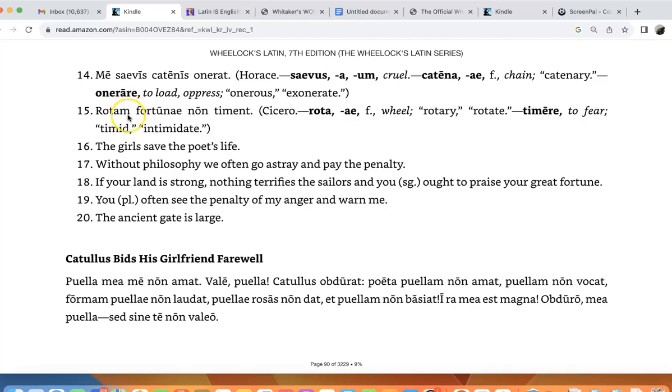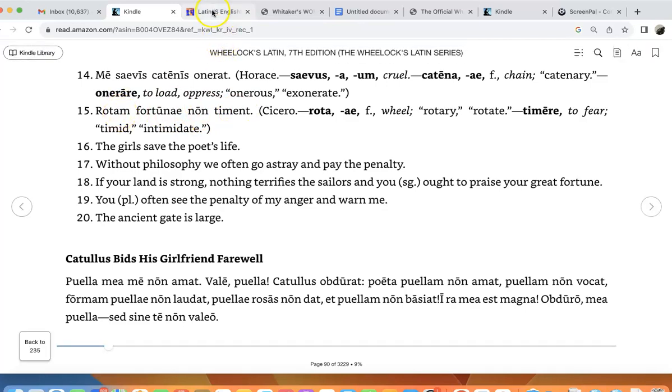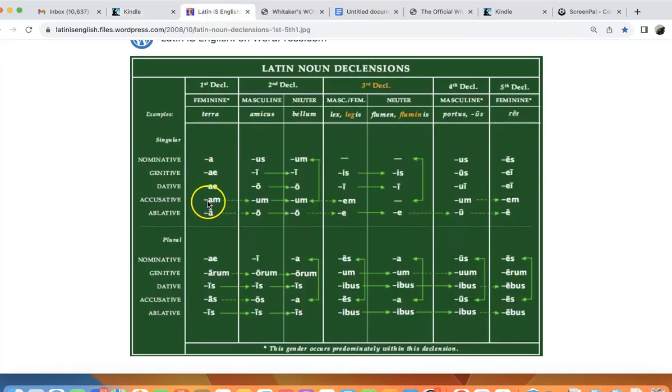For example, something that society said they should become. So they tend to live unhappy, uninteresting lives. Non timent rotam fortunae. So they do not fear the wheel of fortune.